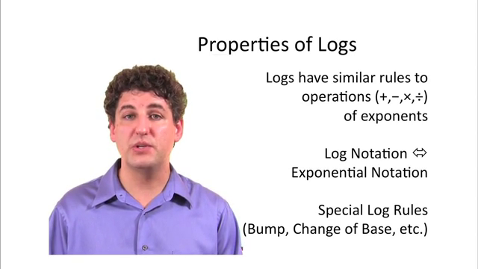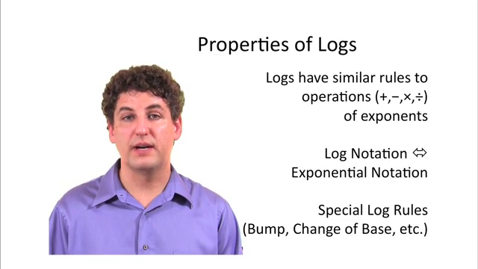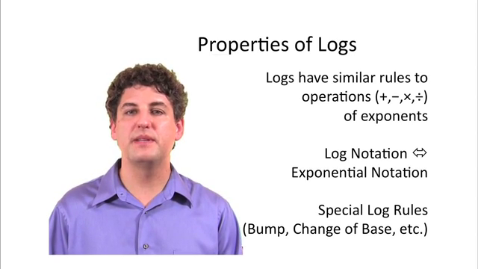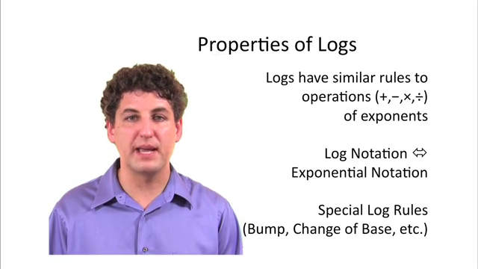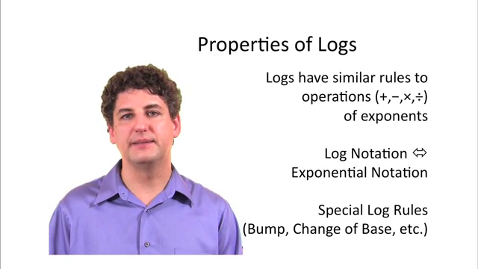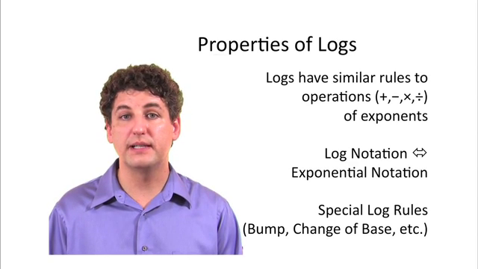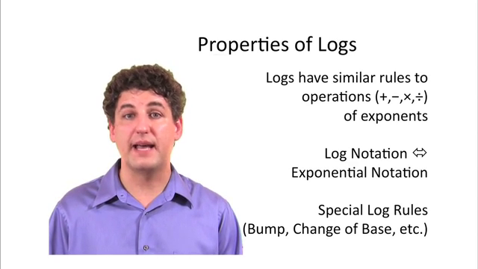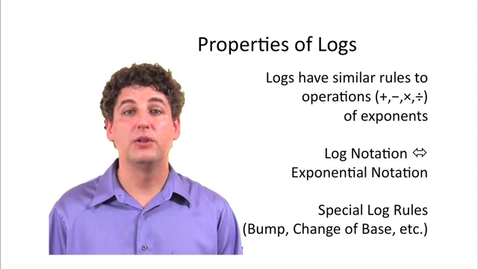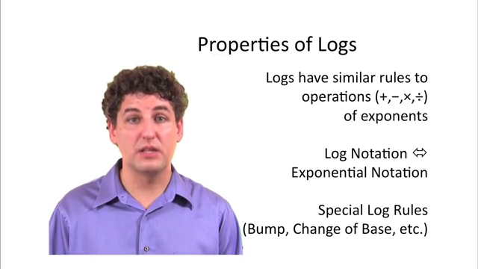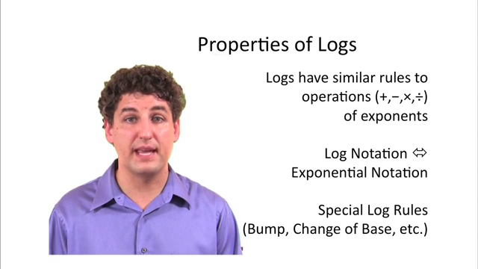And I want you to also pay attention to things like the bump rule, where you're converting between exponential and logarithmic notation, and also some of the other fun rules like the change of base rule. There's also one where the log of a number to that same base, for example log of 10 to base 10. Pay attention to those kinds of situations and what they mean.